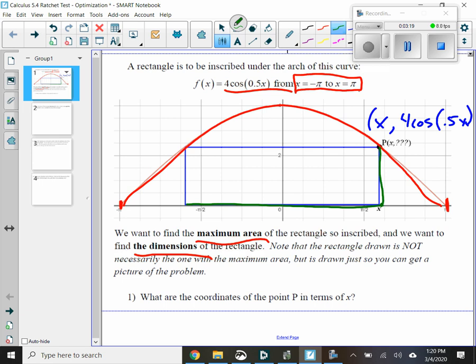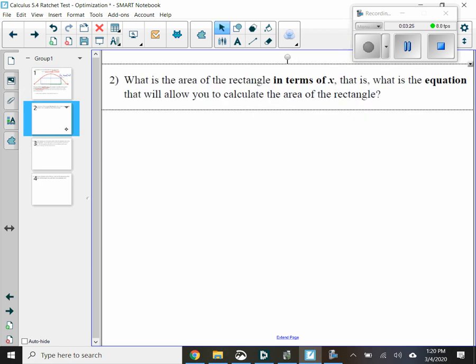Correct? Okay, let's go to the next one here. It says, what is the area of the rectangle in terms of x? That is, what is the equation that's going to allow you to calculate the area?